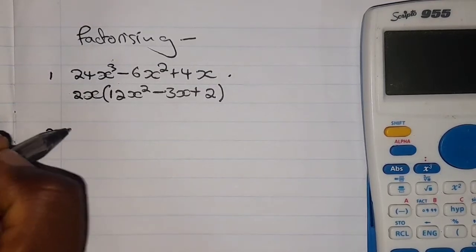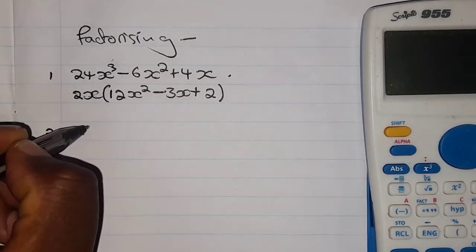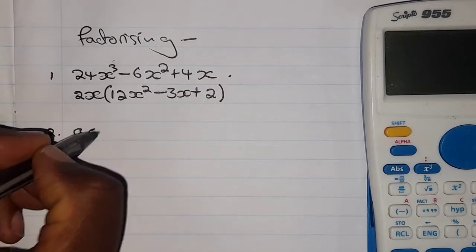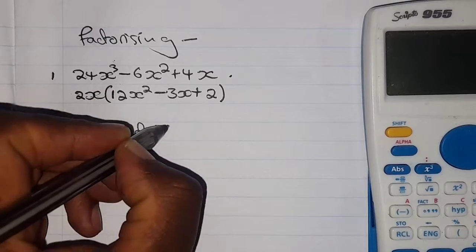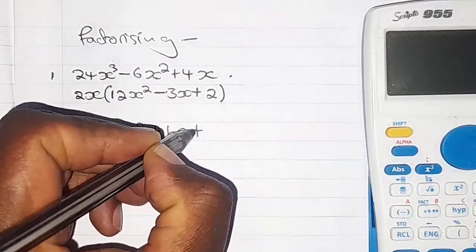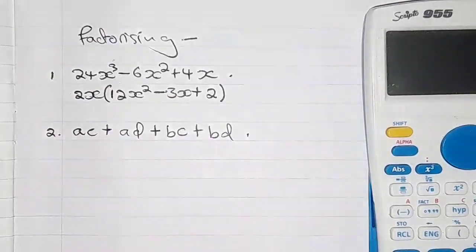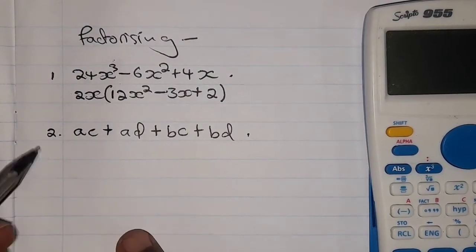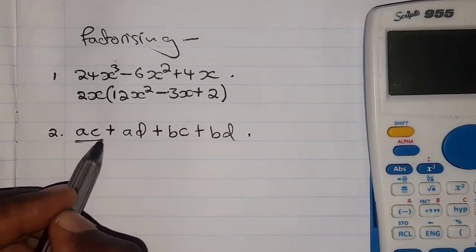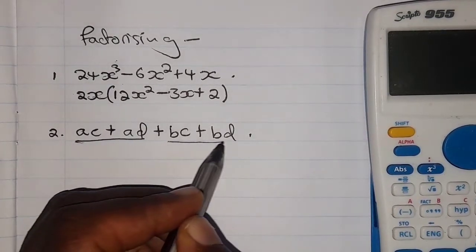Let me go to number 2. Number 2, I have an expression made up of 4 terms. That's AC plus AD plus BC plus BD. I want us to factorize this one. It's 4 terms. Now, to factorize these 4 terms, I want to group them into 2 pairs.